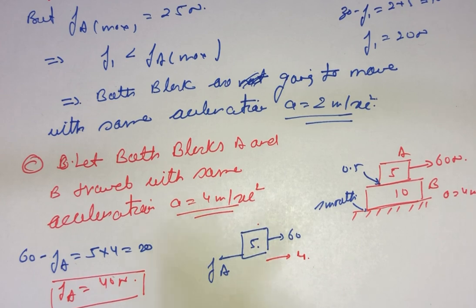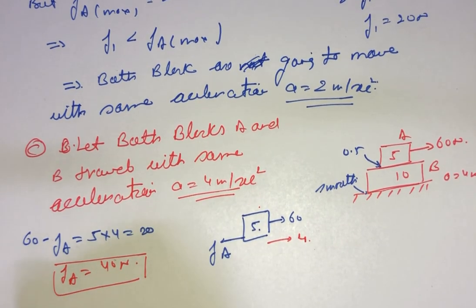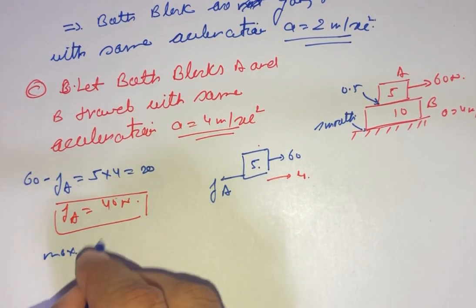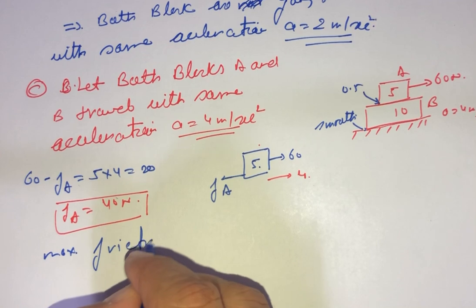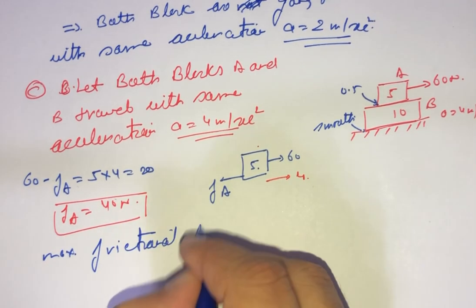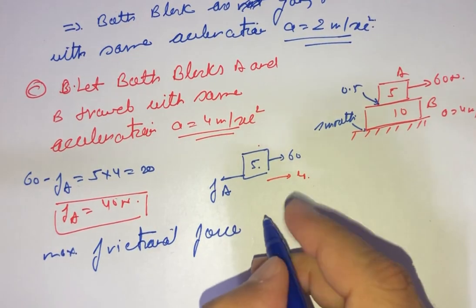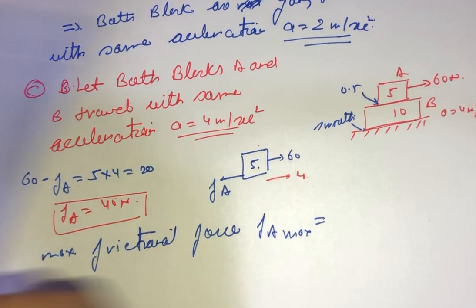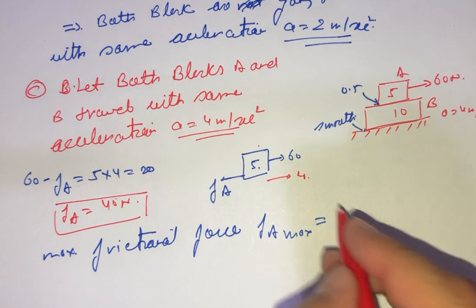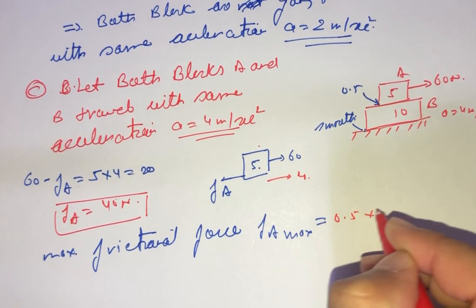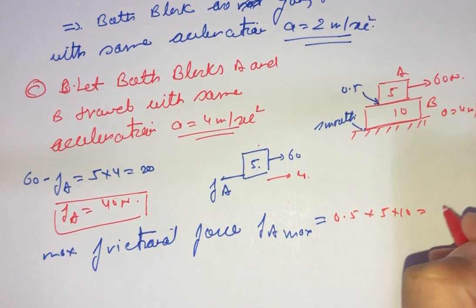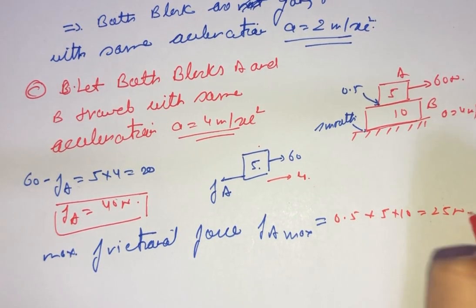Now maximum frictional force, that is Fa max, will be equal to 0.5 into 5 into 10, which will be coming as 25 Newton.